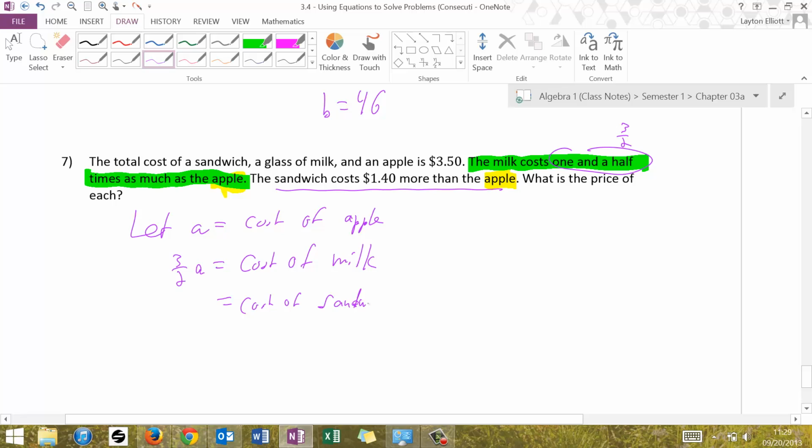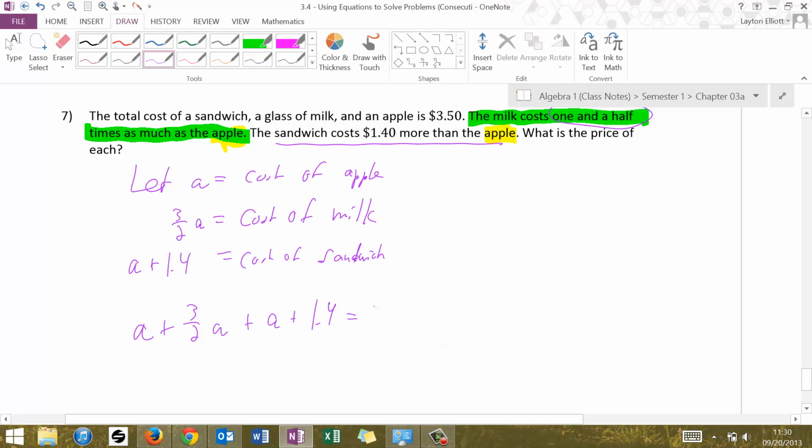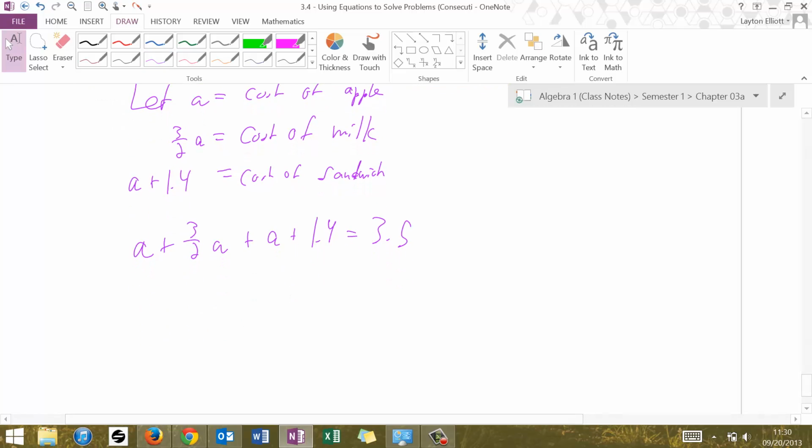And the sandwich is 1.4 more than the apple, so A plus 1.4. And then it tells you the total cost, total's the sum, is 3.5. So A plus 3/2 A plus A plus 1.4 is 3.5.